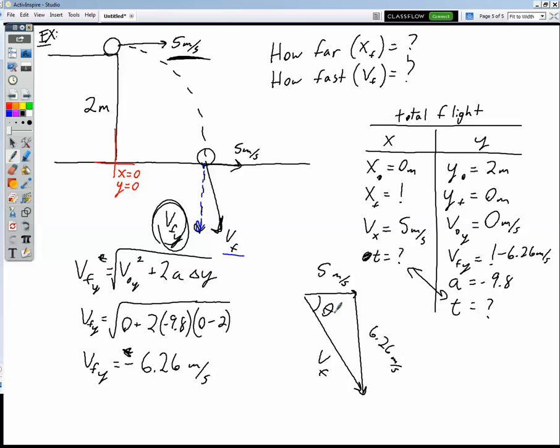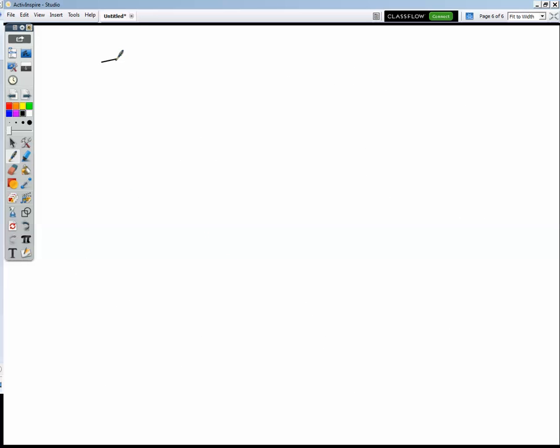So to find the time, here we're going to use the simple equation. V final in the y direction is equal to v naught in the y direction plus a times the time. So here we're looking for the time, v final y minus v naught y all over a is equal to t.